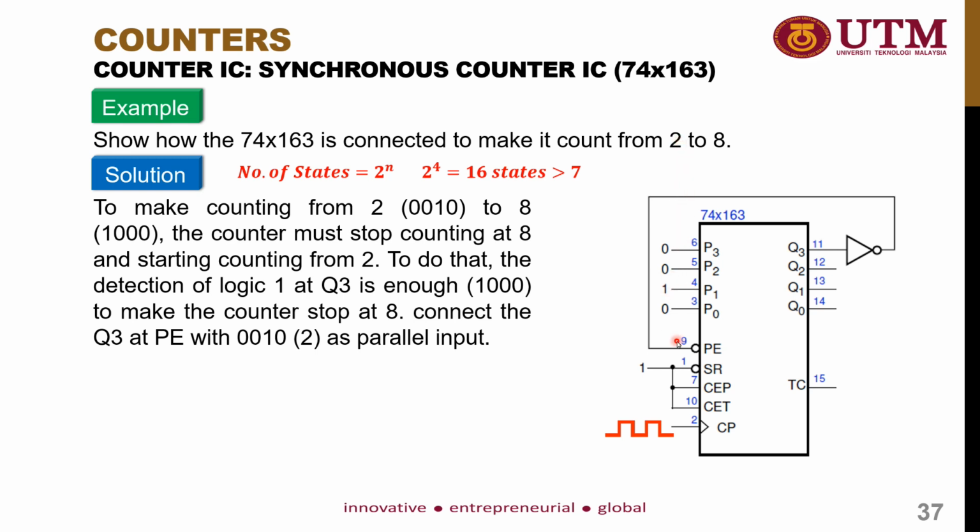The next thing you need to do is enable the PE, so the counting starts from this value. As usual, you don't want to manually reset your counter, so you need to disable the SR, and you need to enable the CEP and CET because you want your counter to start counting.